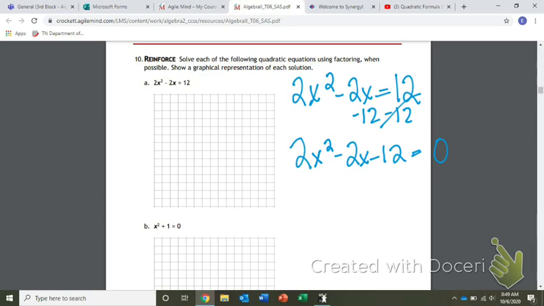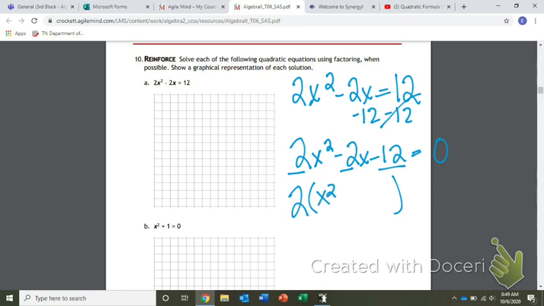Okay? Now, is there a number that goes into 2, 2, and negative 12? Well, 2 does. So 2. Now remember, when you factor, you're trying to get back to what you started with. If I have a 2, but I want a 2x squared, I need to make an x squared.